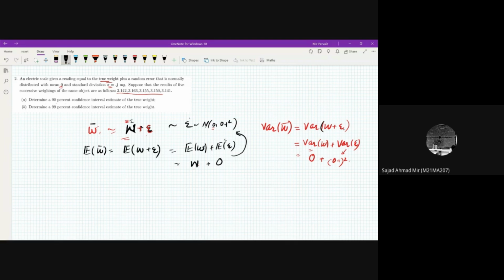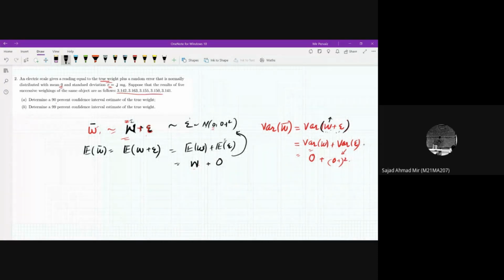You have to be careful if you are distributing the variance over the sum. Only if either one is a constant quantity or these two things are independent can you distribute. Otherwise, there will be a covariance factor associated with this. So variance is not linear the way expectation is.